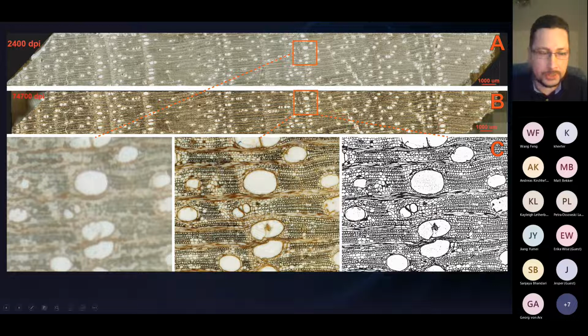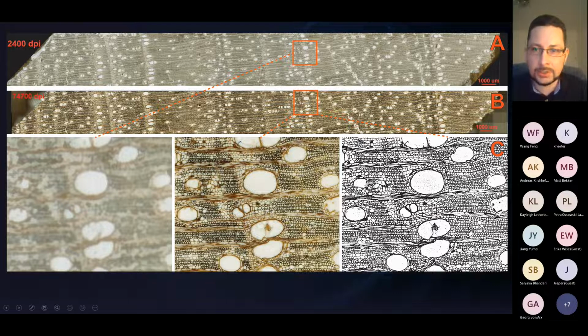And I think it would be quite interesting, both in terms of using software such as Roxas or some other software to measure certain structures based on maybe the dimensions or certain properties.